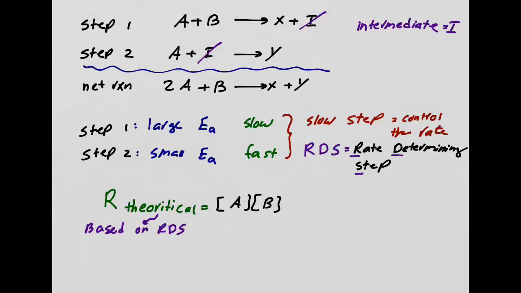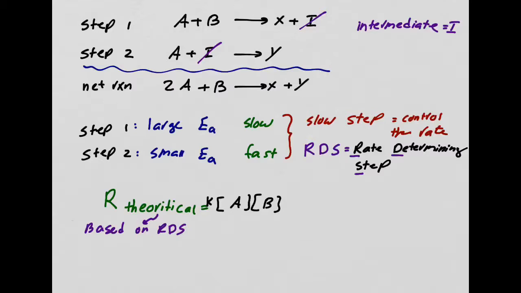Keep paying attention. I said step 1 is my slow step, so this is my slow step. I'm going to write the R theoretical, the rate law, based on the rate determining step, which is the slow step. Oh, I forgot to put k. Shoot. It would be R is equal to k times the concentration of A times the concentration of B.